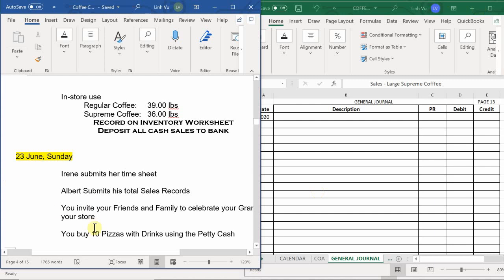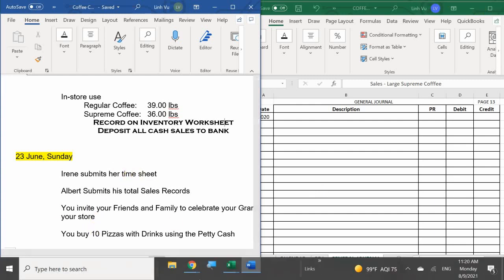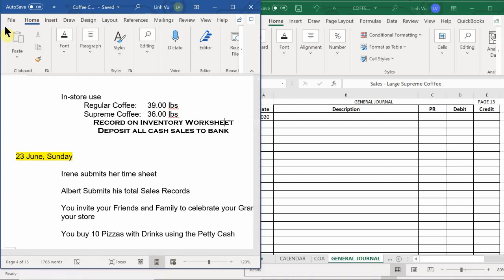I agreed to pay Albert the same time as I pay Irene, keeping my people that work for me in one cycle, okay? Or keeping them on the same pay period. So in this case, Albert is also going to receive his paycheck on Friday, okay? And it's going to be the same thing. It's going to be based on the pay period. So in this case, he's earned up to $140.18. So he's just submitting his records for us.